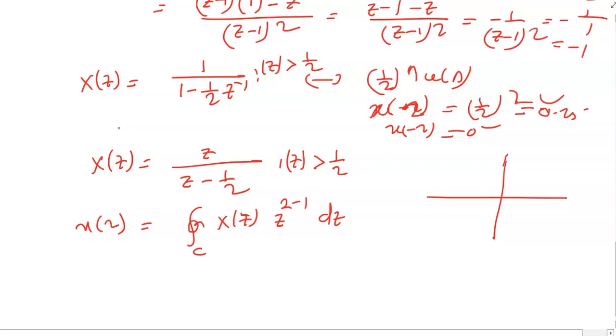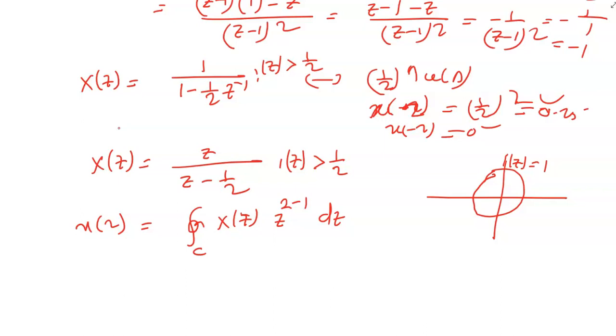Always the ROC pattern is a circular ring. So this is z equal to 1, this is your half, and this shaded region is your ROC. So your contour should be like this, inside the ROC.